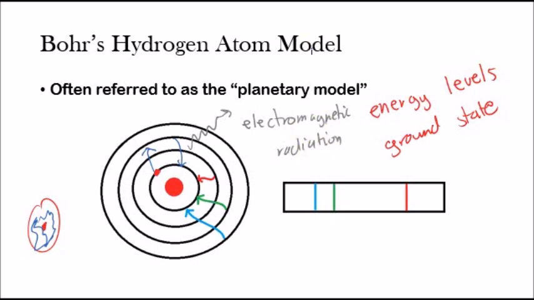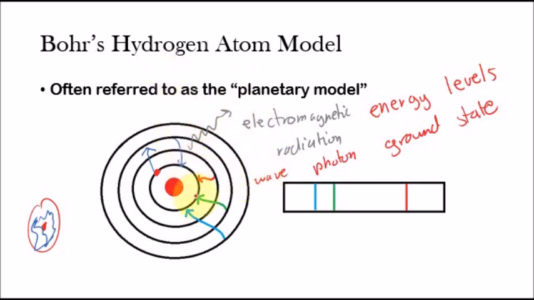Remember, from the other video, we talked about how electromagnetic radiation can be thought of as a wave or as a stream of particles. So you can think of the energy being released as either a wave or a photon. Both, okay?